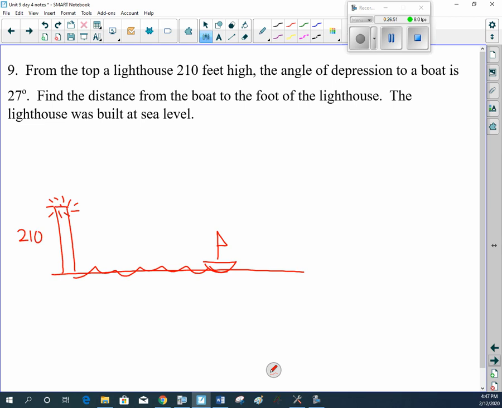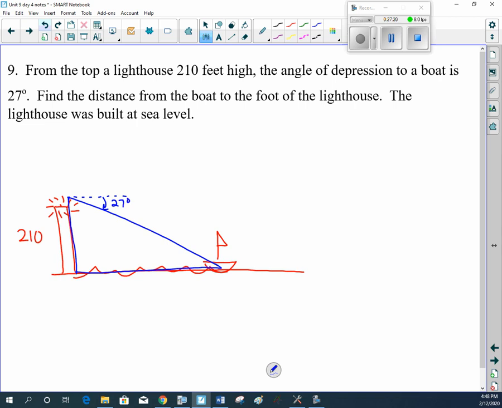The angle of depression to a boat is 27 degrees. So remember, if you don't know how to do an angle of depression, just remember somebody in the boat is looking up at an angle of elevation. So if somebody in the boat is looking up at the top of the lighthouse, just like somebody is looking out and down, this angle of elevation would be the same as this angle of depression.